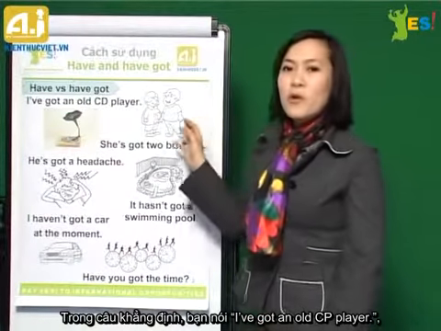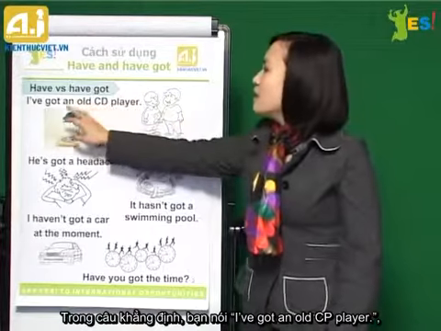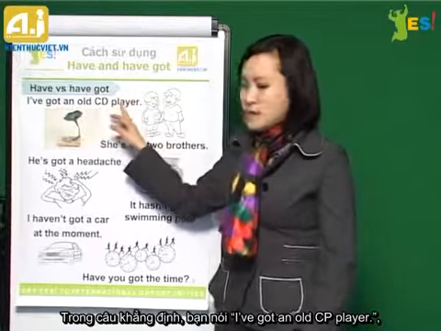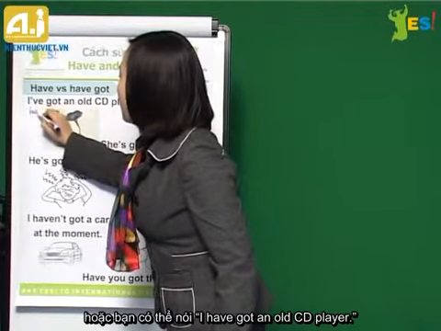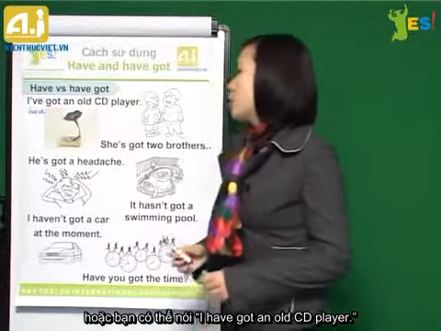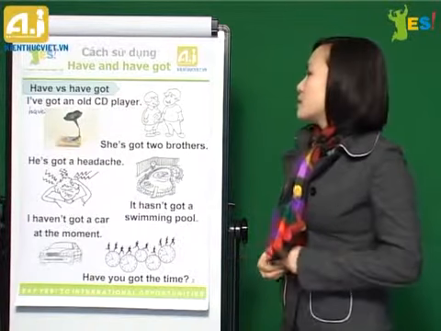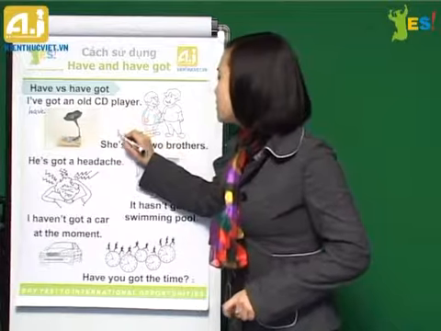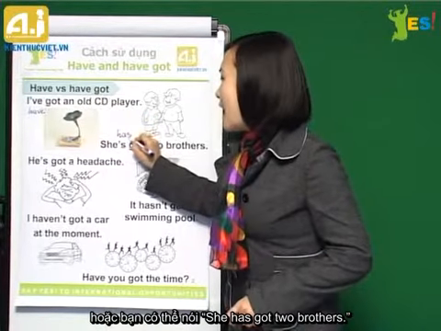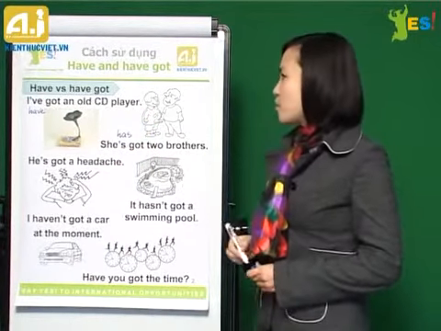In the affirmative form of the sentence, you say, I've got an LCD player. Or you can say, I have got an LCD player. She's got two brothers. You can say, she has got two brothers.